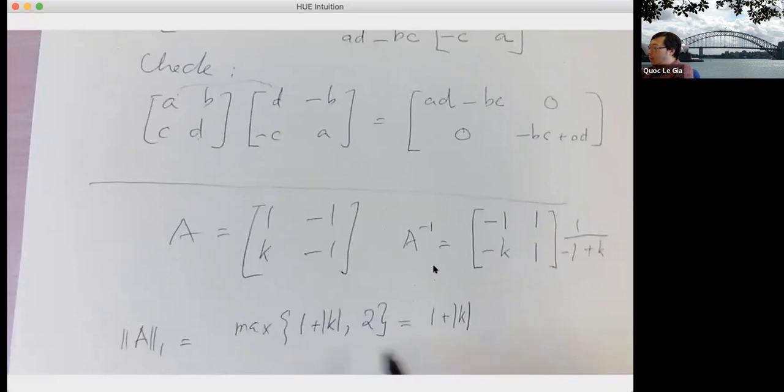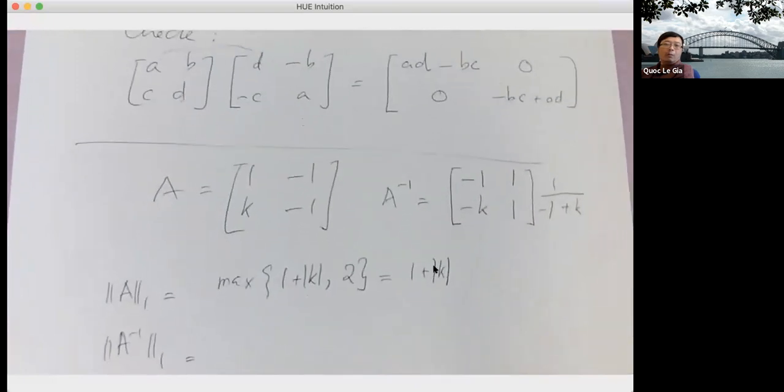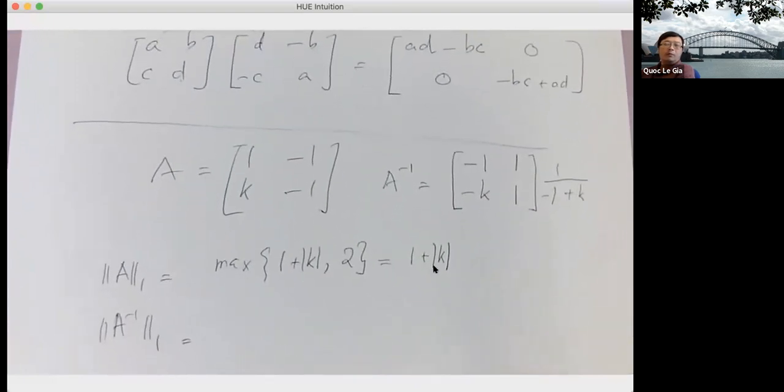Okay, and what is A inverse in the one norm? Well, so now we have to remember 1 over k minus 1. I don't take the absolute value because k is bigger than 1. So this one is a positive number.